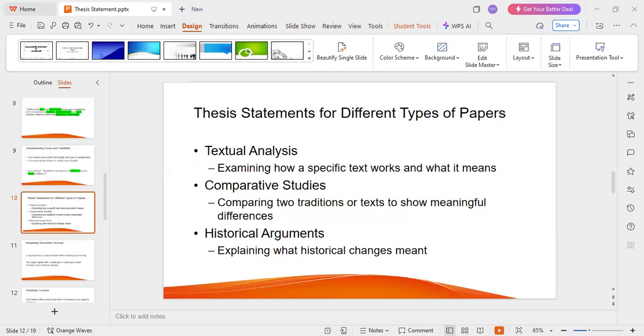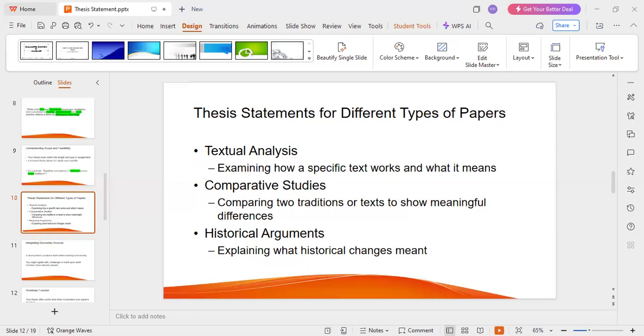You can argue how these differences reveal something significant about each tradition. And also you can show how comparison deepens your understanding of both subjects. So you can refer to these when you are writing your thesis statement.